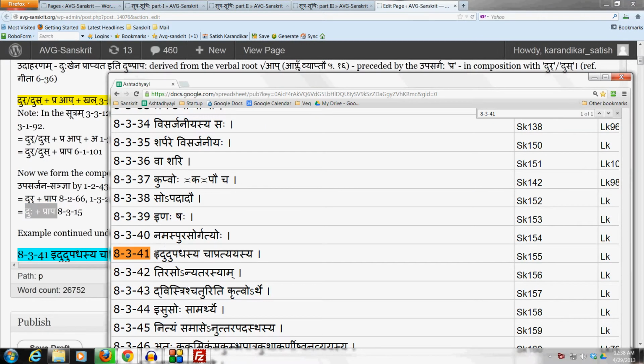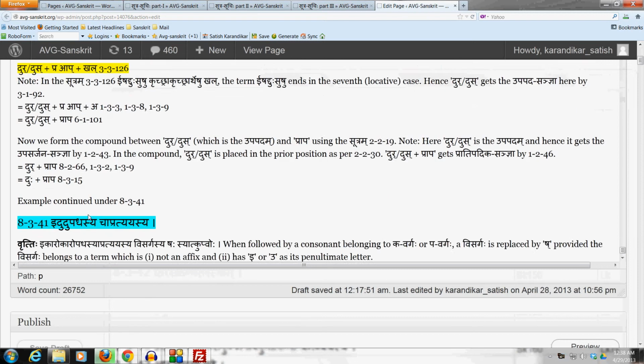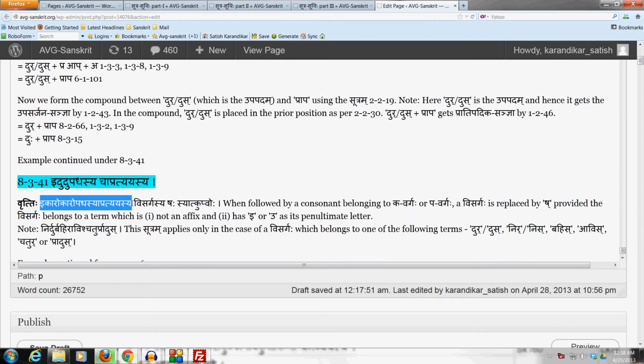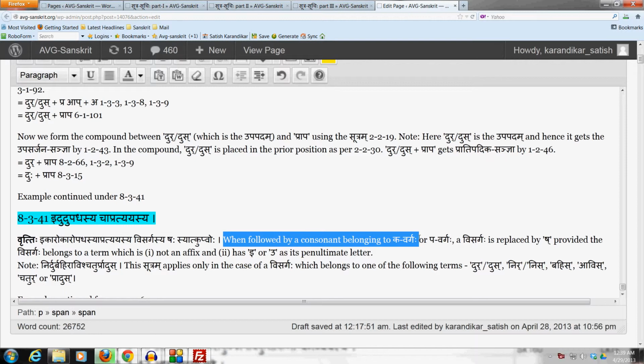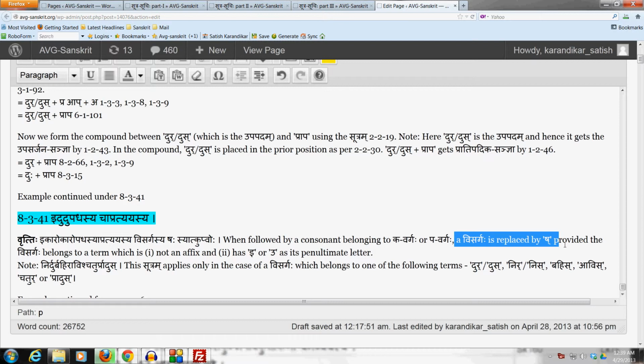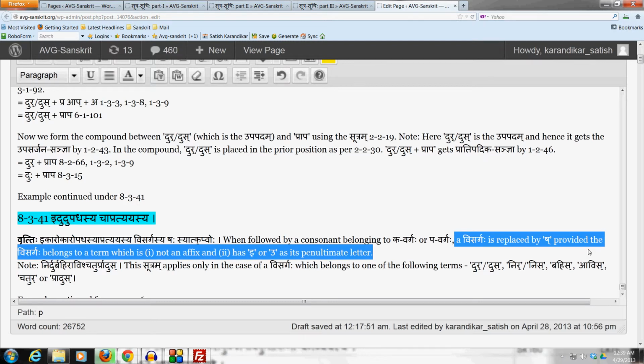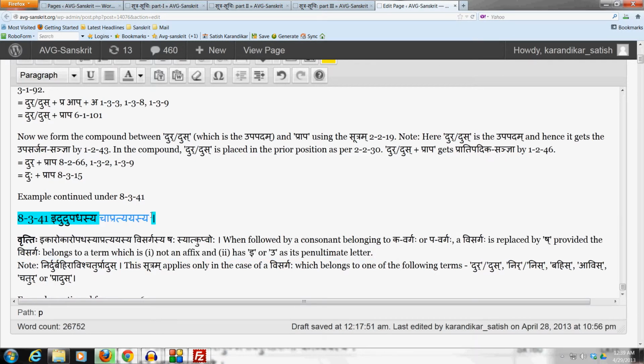Idudupadasya pratyayasya. The Vritti Sutram says: ikaro karo padasya pratyayasya visargasya shasyat kupvoho, which means that when followed by a consonant belonging to the ka vargaha or pa vargaha, which means ka, kha, ga, gha, ng or pa, pha, ba, bha, ma, a visarga is replaced by the murdhanya shakaraha, letter sh, provided the visarga belongs to a term which is not an affix, apratyayasya, and has either the letter i or u as its penultimate letter, upadha.